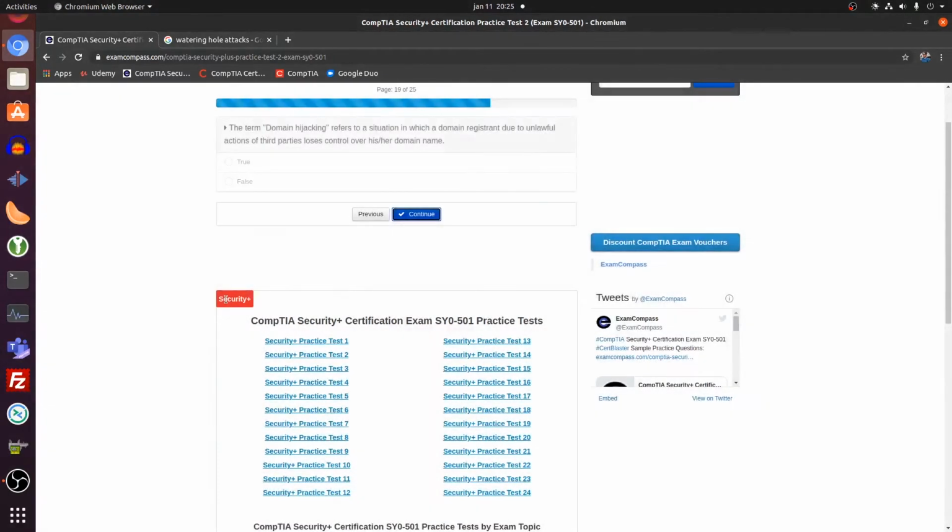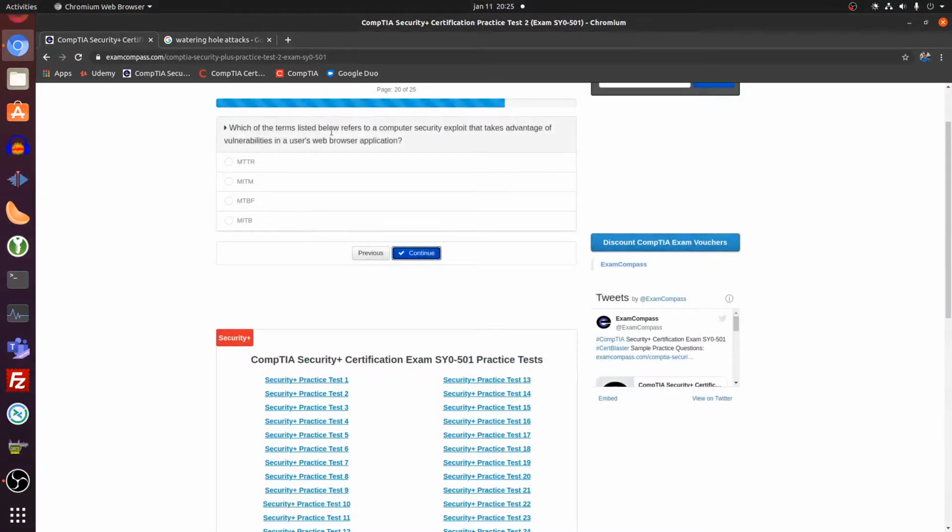I hope it's right. The term domain hijacking refers to a situation in which a domain registered, due to unlawful actions of a third party, loses control over his or her domain. Hijacking, I don't think so. Why would it be called that? I don't think so.